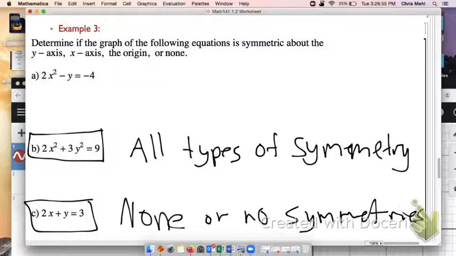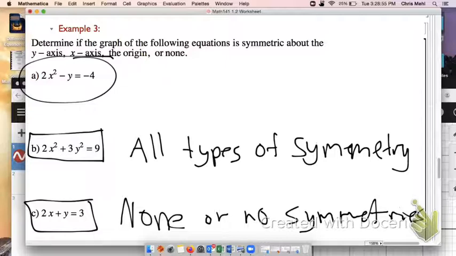The easy way to see that is that the x term and the y term both have an odd power of 1. In the first one, we only had y-axis symmetry. Notice that the only variable that has an even power is x. Y has an odd power.